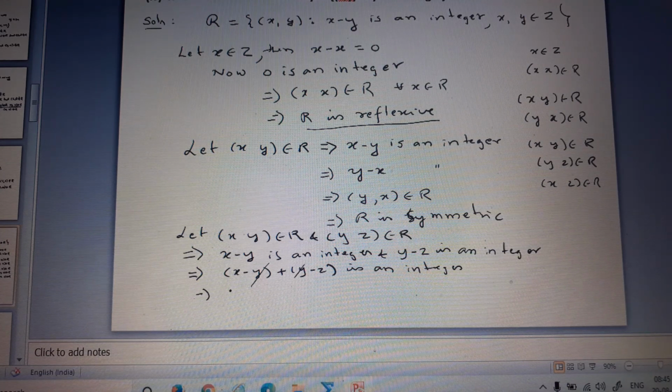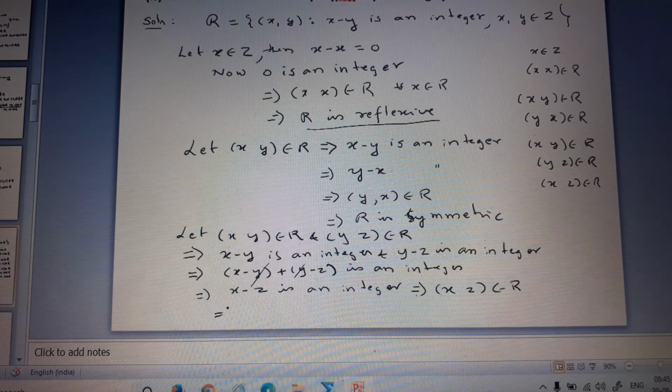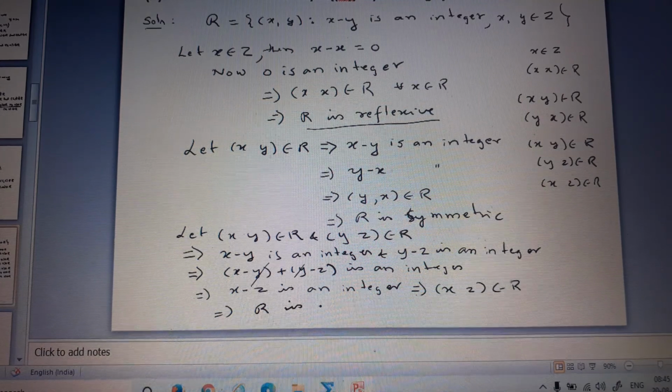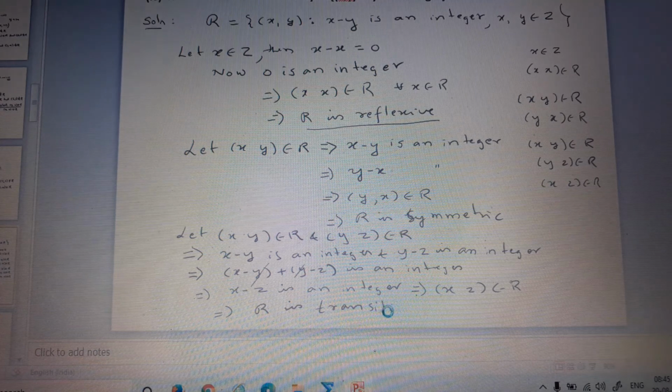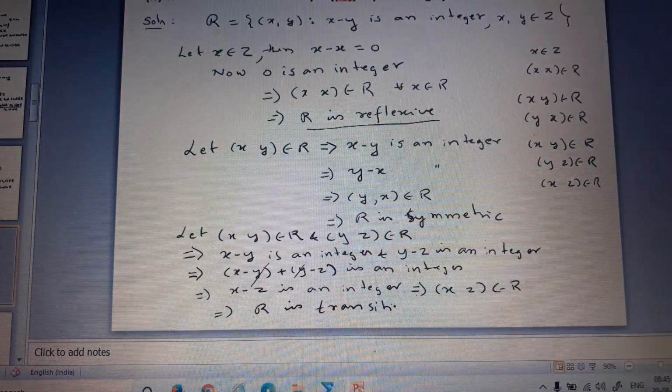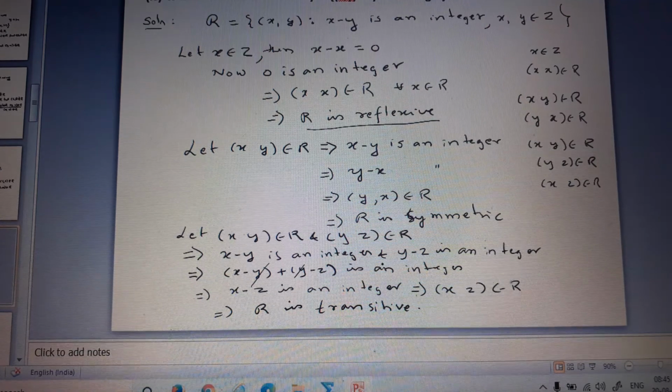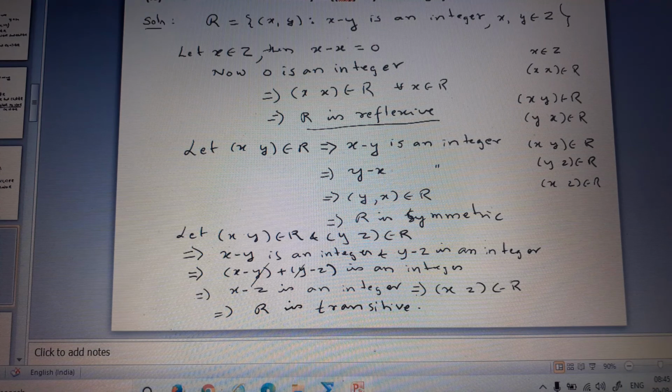This implies x minus z is an integer. If x minus z is an integer, what should happen? This implies (x, z) should be in R. So R is transitive also. So this is the proof. It is reflexive, symmetric and transitive.